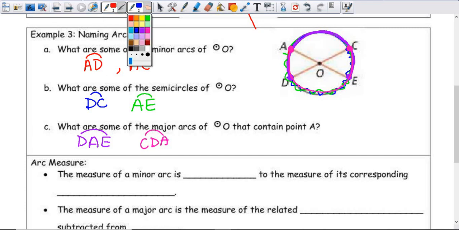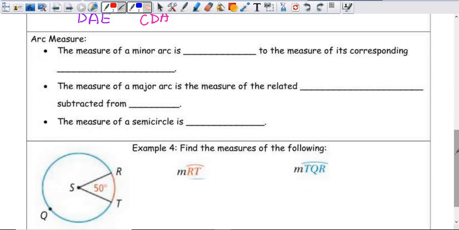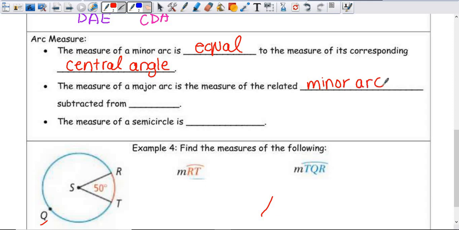All right, so now that you know how to name some arcs, we're going into arc measure. The measure of a minor arc is equal to the measure of its corresponding central angle. The measure of a major arc is the measure of the related minor arc subtracted from 360 degrees.